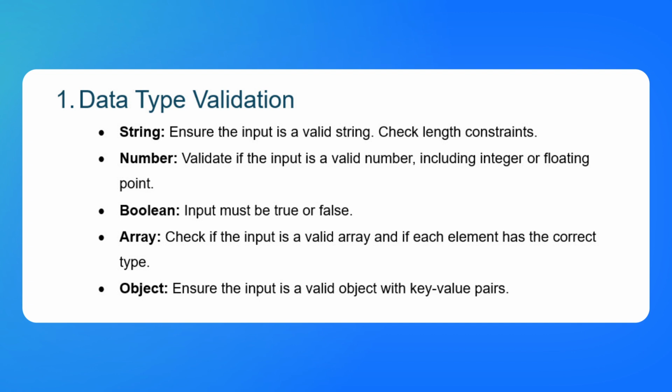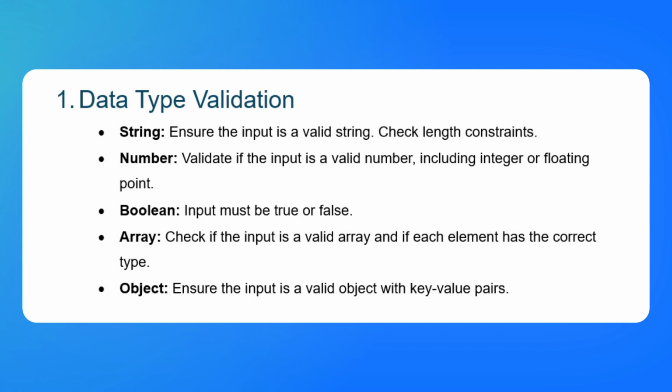So let's see data type validation. In this case, string ensures that the input is a valid string. Check the length constraint. In the number case, validate if the input is a valid number, including integers or floating point. If there is a field which is only, for example, employee ID, we should have a number.